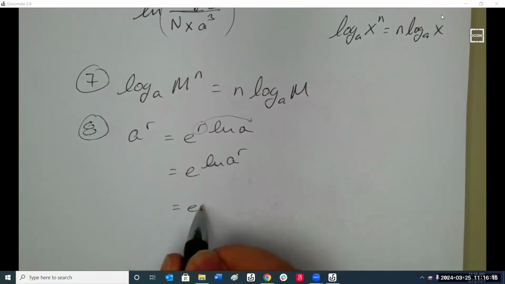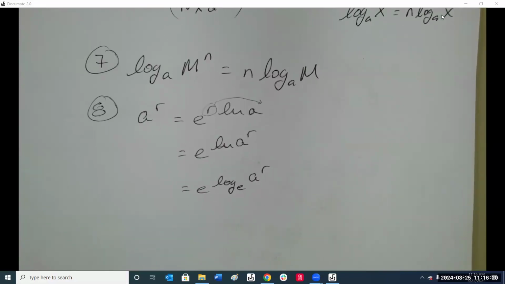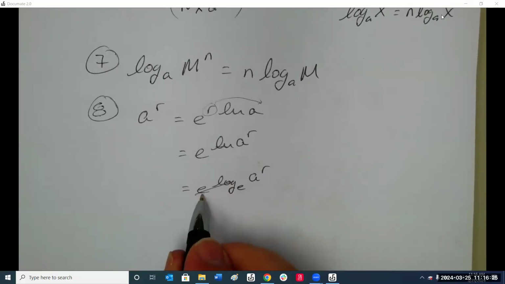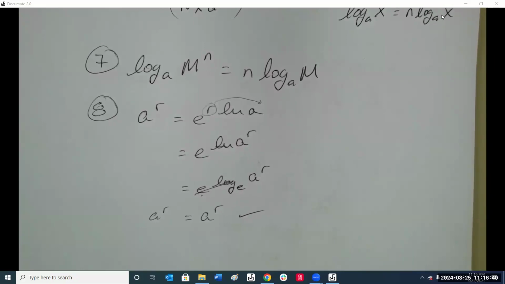Ln is log base e, since the base and the log of the base of the log is the same, they cancel. Look at it.